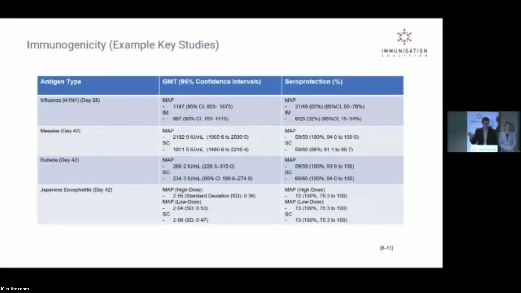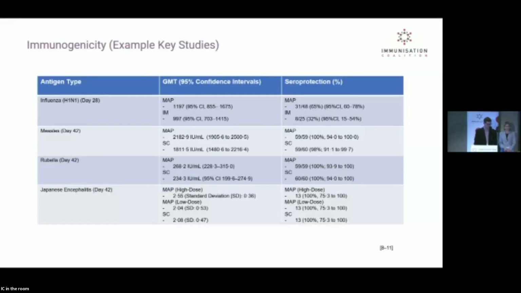Now, these are some examples, again, using dissolvable and solid maps. So you can see that you don't have to worry too much. You can take a photo if you want. But these have the immunogenicity, the geometric mean titers in the second column here. So you can see that they are quite similar, but in fact, sometimes the map was higher, whether that's statistically significant or not.